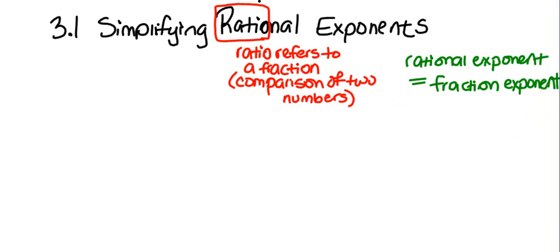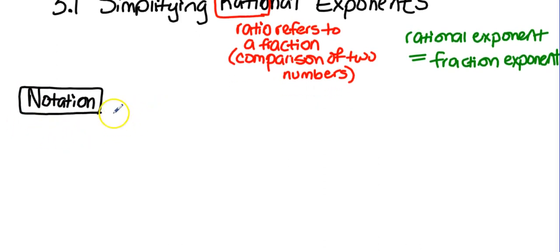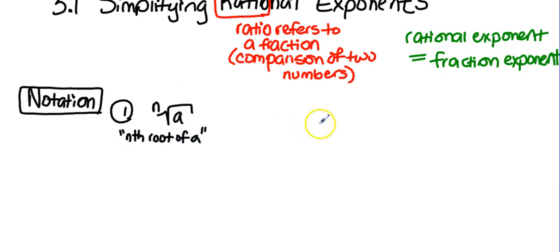We're first going to talk about notation, how we write. First off, number 1, the nth root of a. Nth root of a is how you would say that in words, and it is called radical notation.